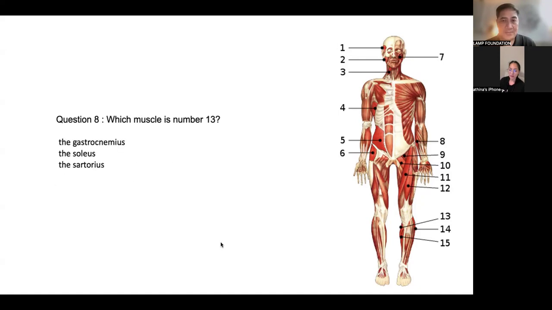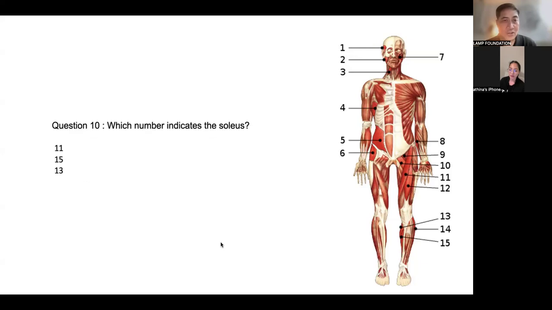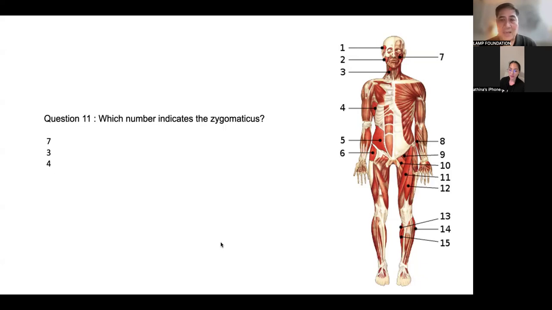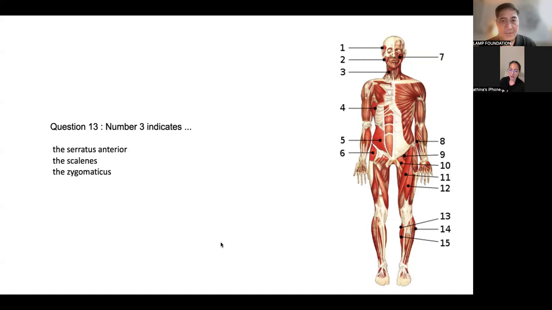Number 13, the gastrocnemius. Serratus anterior, number 4. Soleus, number 15. Zygomaticus, that's number 7. Number 11, sartorius. Number 3.